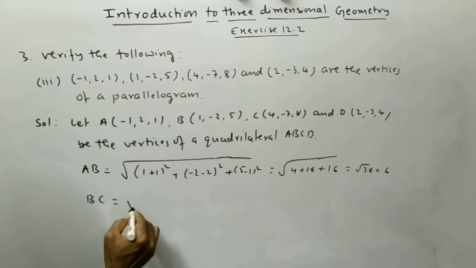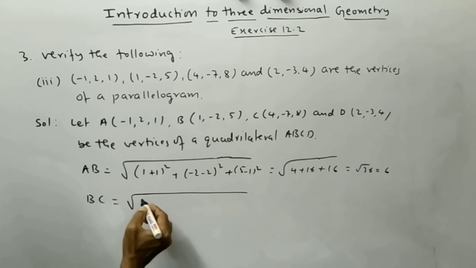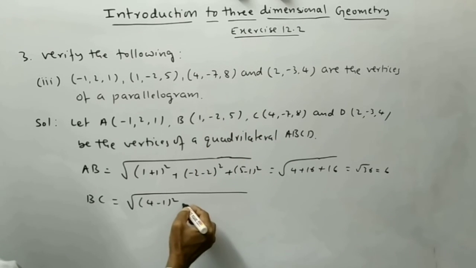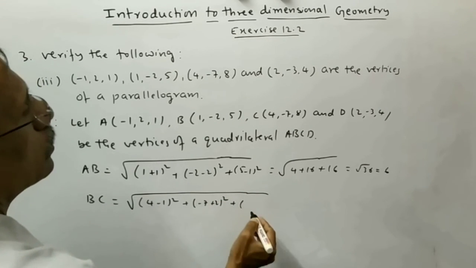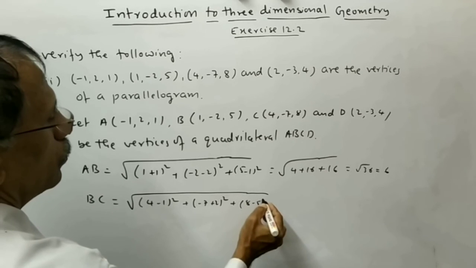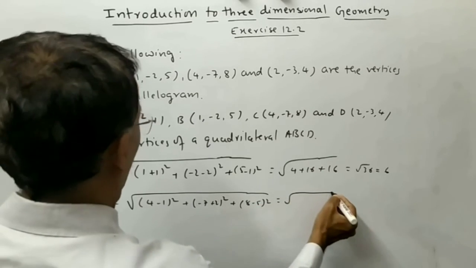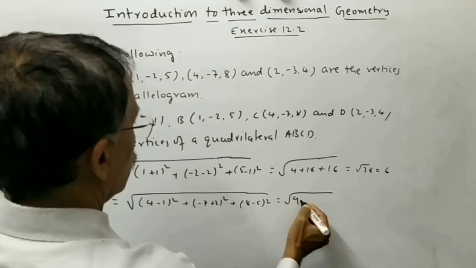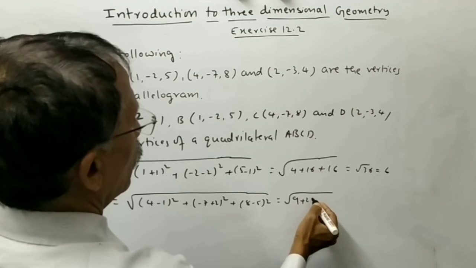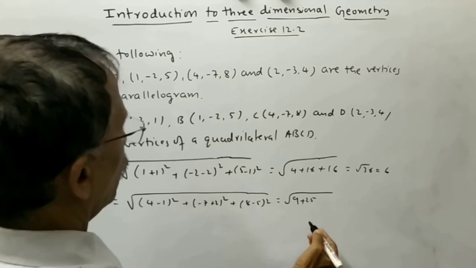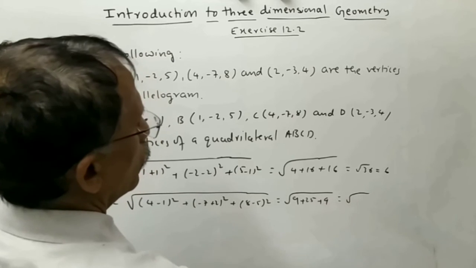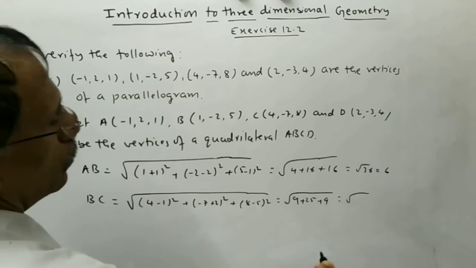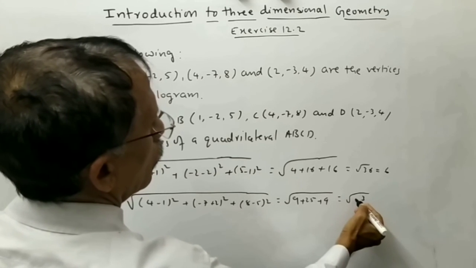BC is equal to square root of 4 minus 1 whole square plus -7 plus 2 whole square plus 8 minus 5 whole square, is equal to square root of 9 plus 25 plus 9, is equal to square root of 43.